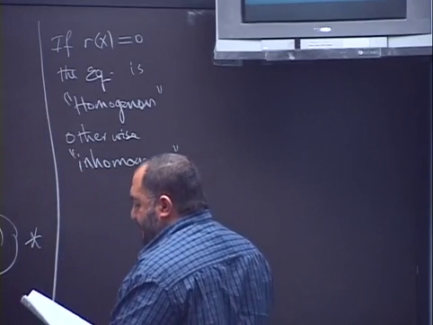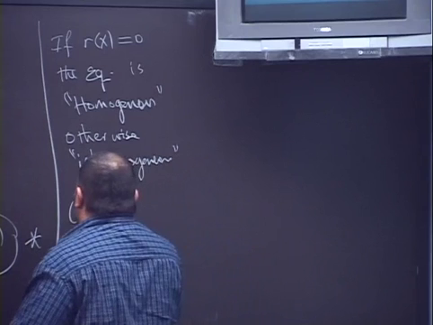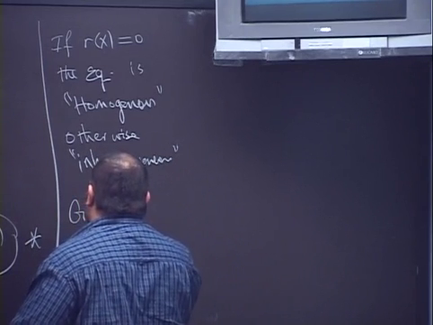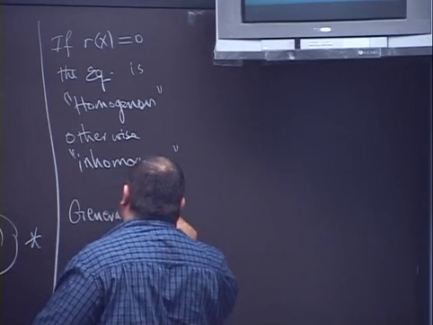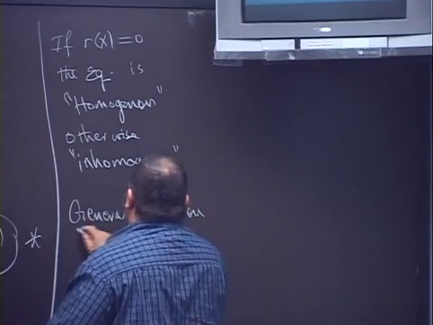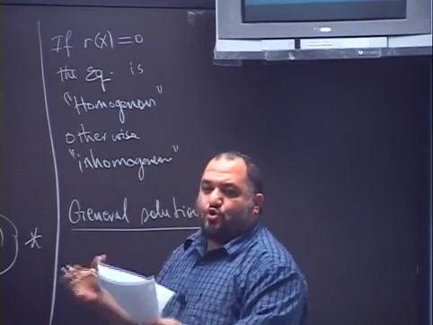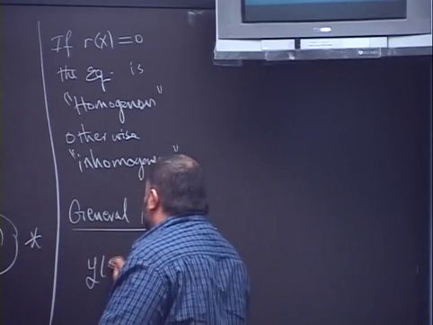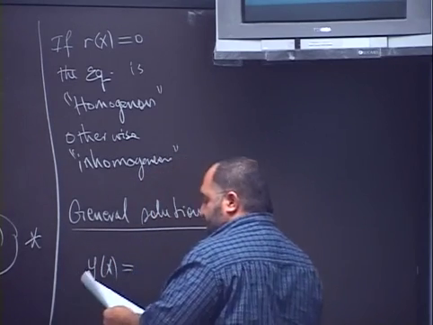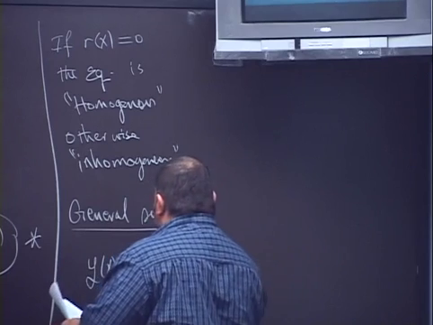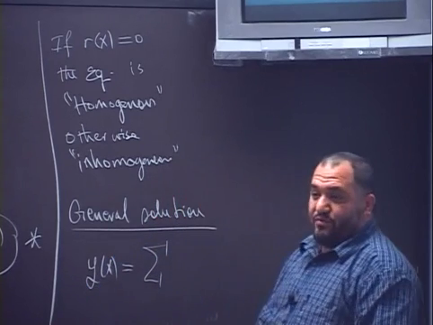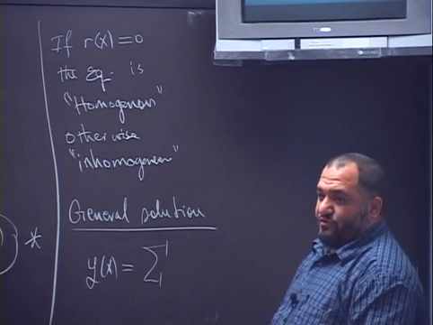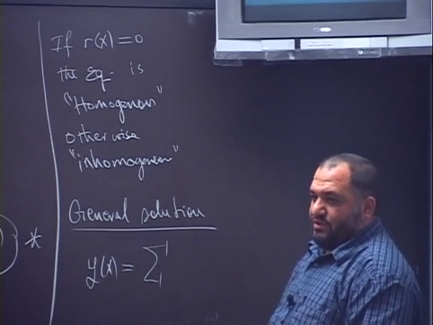And usually for the general solution, you will have two main parts. Your solution y as a function of x will have the solution for the homogeneous equation plus the solution for the inhomogeneous equation. Okay?